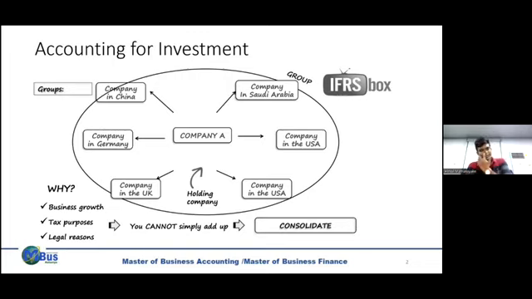When we look at company A in this slide, it is one particular organization performing, let's say, a manufacturing business. Company A is doing a manufacturing business.